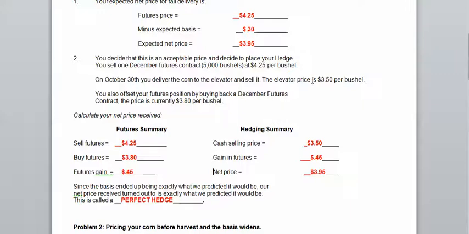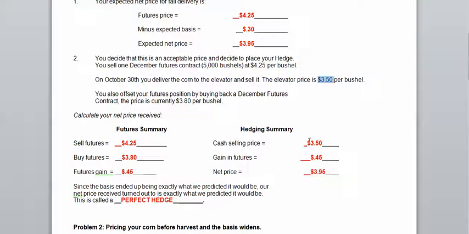As we learned, we sold at 3.50 cash. Remember, we predicted a 30-cent basis, and it ended up being a 30-cent basis. Futures price was 3.80, and the elevator price was 3.50. The difference is 30 cents a bushel, which is exactly what we predicted.